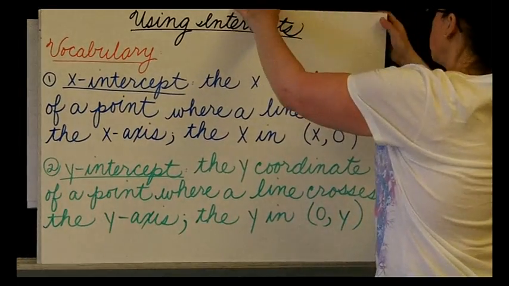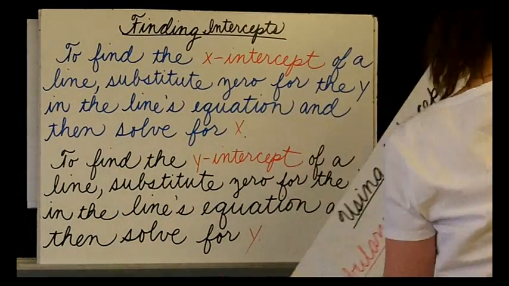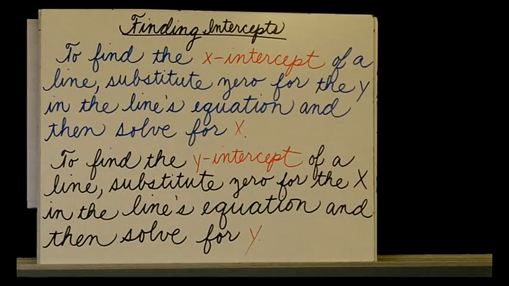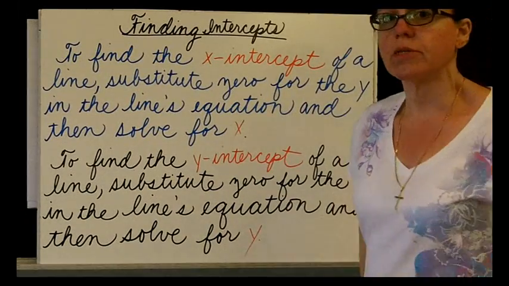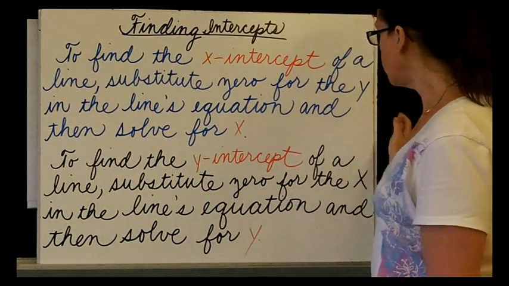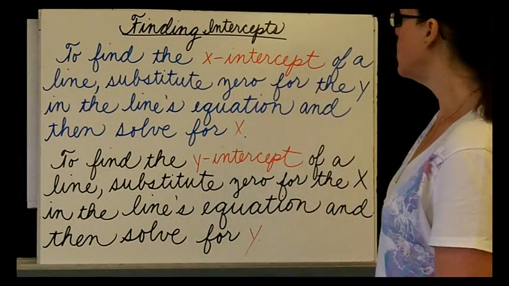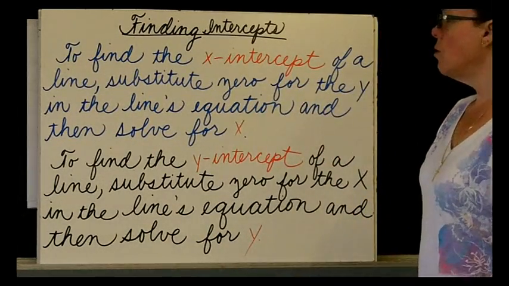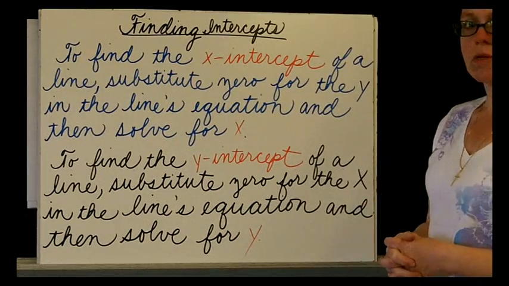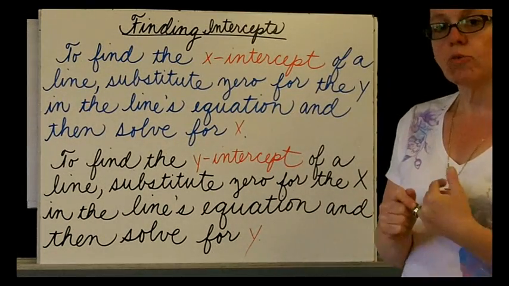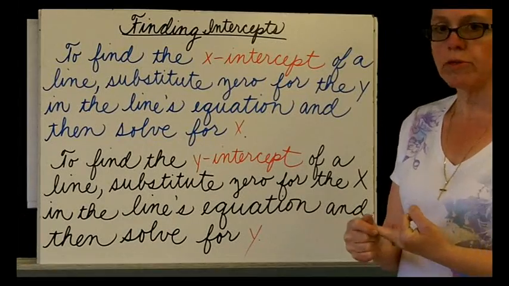What you'll be asked to do a lot over the next couple of days is to find the intercepts of the line. And this is what we do to find the intercepts. When we're looking for the x-intercept of a line, we take our equation, which will have an x and a y in it, two variables.